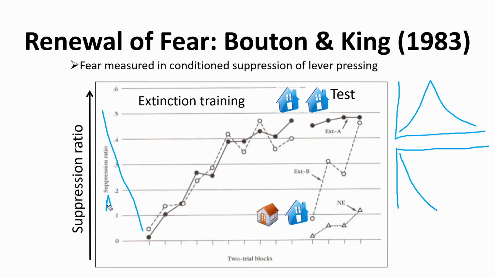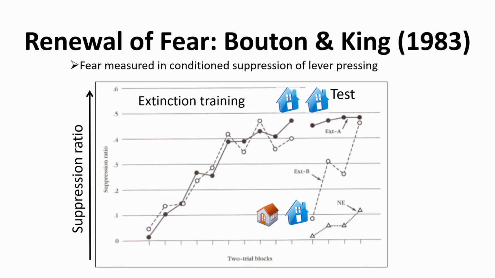That would be our acquisition phase, the most fear responding. And then as we go through extinction, we're getting back up to less and less suppression, or less and less fear. So it's just the opposite of what we've been seeing so far. I find it frustrating that they use graphs that show the opposite direction. We're looking at the inverse for whatever reason. But yeah, so normal extinction graphs here.